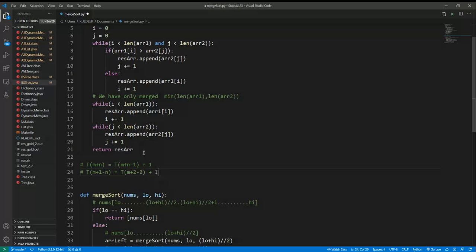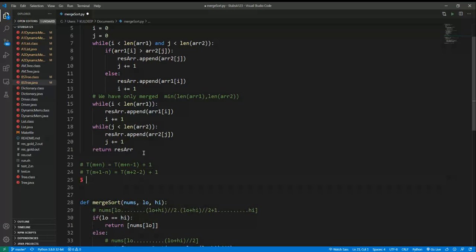And again, it will take constant time. In the same way, I can add up all these things. Ultimately, T of m plus n will be: I am always decreasing by one here, and corresponding to each there will be a constant time. So T of m plus n will be some constant times m plus n.